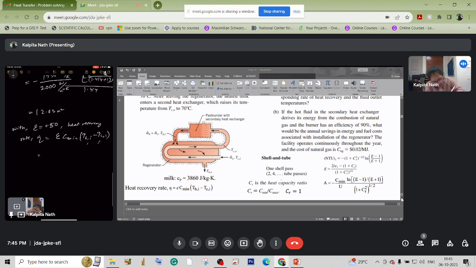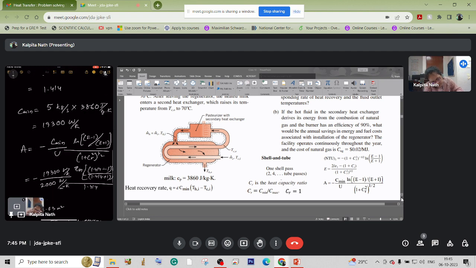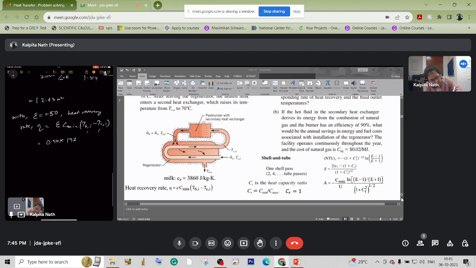Inlet temperatures we already know. So this is 0.50 into 19300 into 70 minus 5. So this will come out to be 627,000 watt.